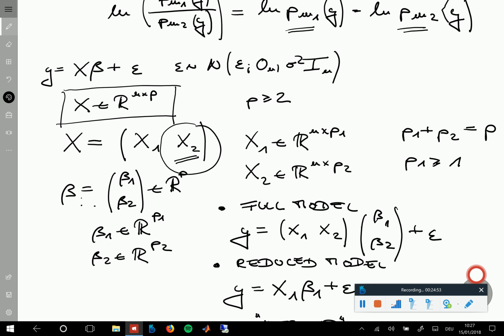Because here, of course, the models that you're comparing are fairly similar. The main difference is that for the reduced model, you restrict these beta parameters to be 0, because if they are 0, then of course the regressors in X2 don't make any contribution to the data. So this is a model comparison, but model comparison of very similar models.